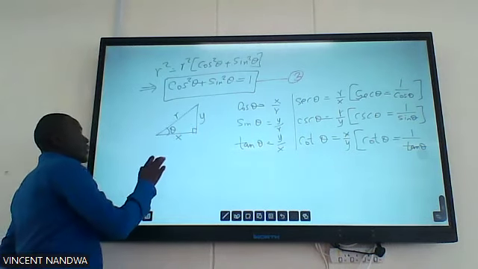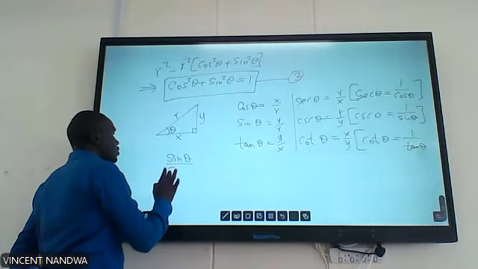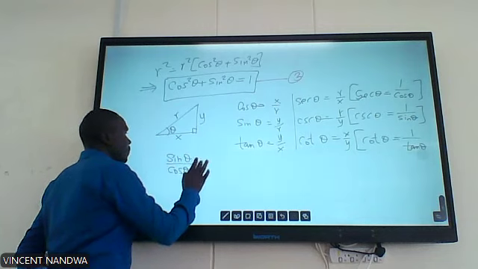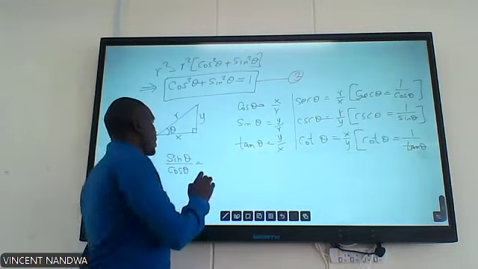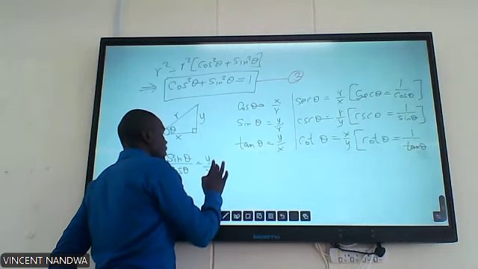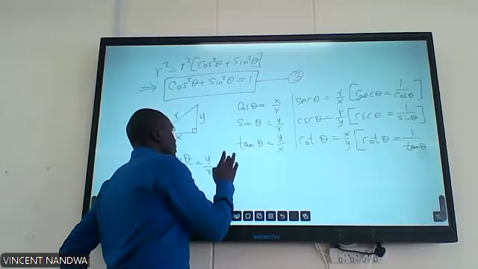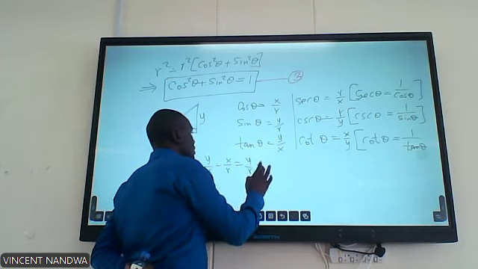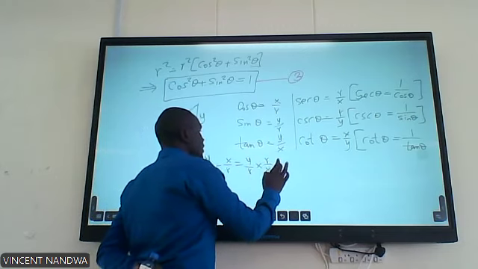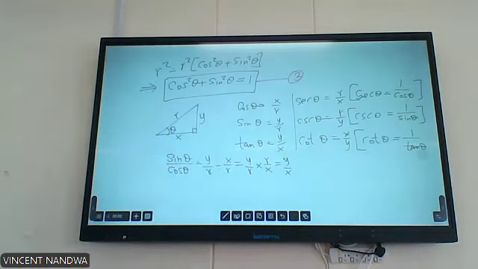So if I say sine theta divided by cos theta, then it is y over r divided by x over r, which is y over r times r over x, and this is y over x. And what is y over x?